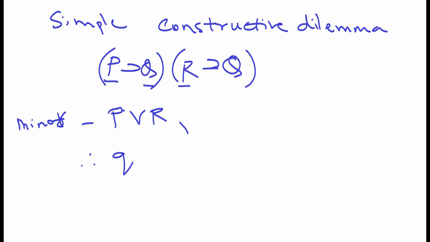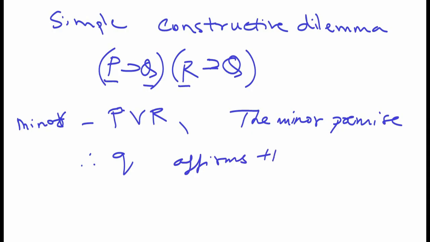What it says is the minor premise affirms the antecedents. What are the antecedents? P and R are the antecedents.